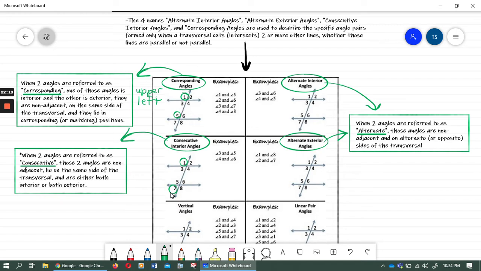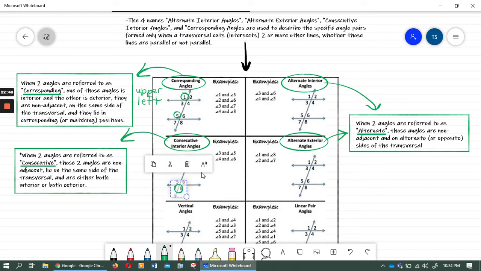Consecutive exterior angles like angle 1 and angle 7, or angle 8 and angle 2. It's acting like it don't want to do what I'm asking it to do, but that's all good. It's all good in the neighborhood. That ain't nowhere near right, but that's okay. Like angle 8 and angle 2 would be consecutive exterior angles.